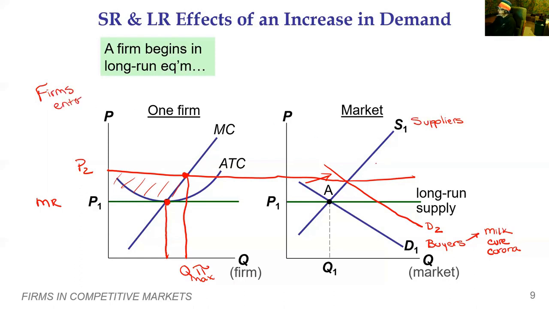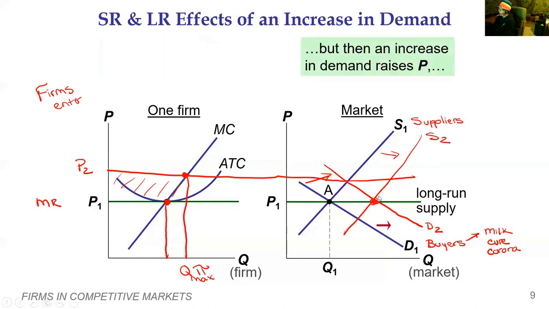When firms enter, that's going to push the supply curve outward and to the right, and it ends up being over here at S2. Notice we kind of converge back at that long run equilibrium.